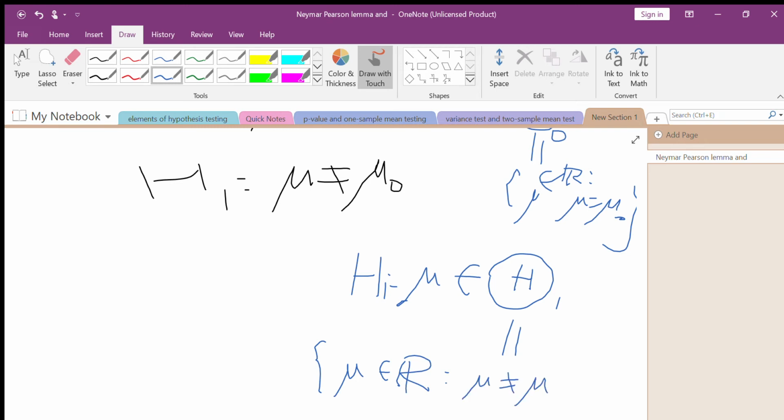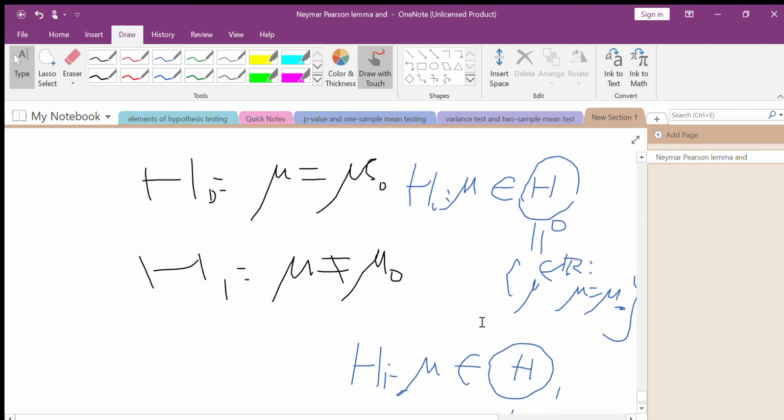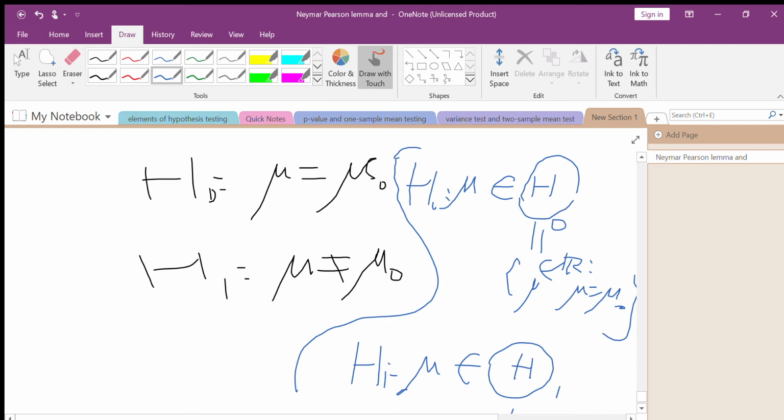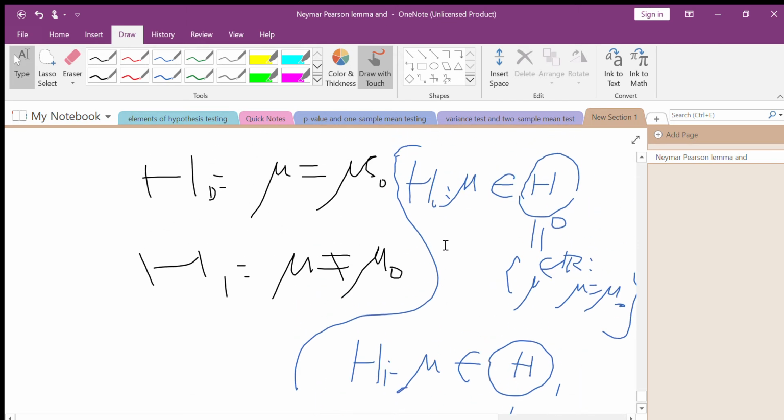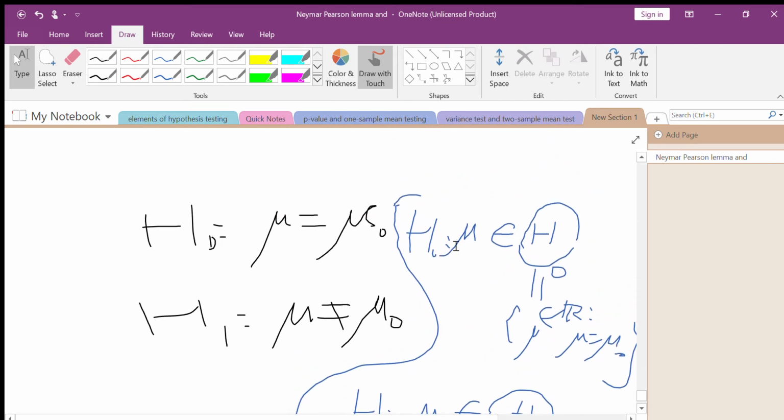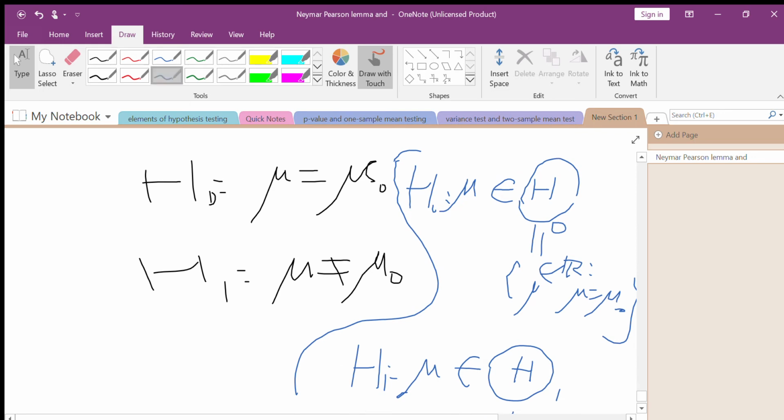So this is the whole real line except one point. These two ways of writing the hypotheses are equivalent. But to perform the likelihood ratio test, you have to first write your original hypothesis in this way. They are equivalent.